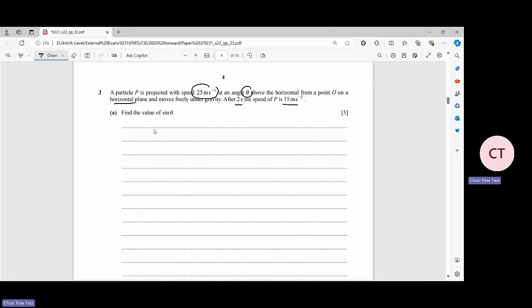Okay, so this is projectile motion. We will start from the horizontal displacement: x is equal to 25 cos theta t. And the vertical displacement, y is equal to 25 sin theta t minus half g t squared.